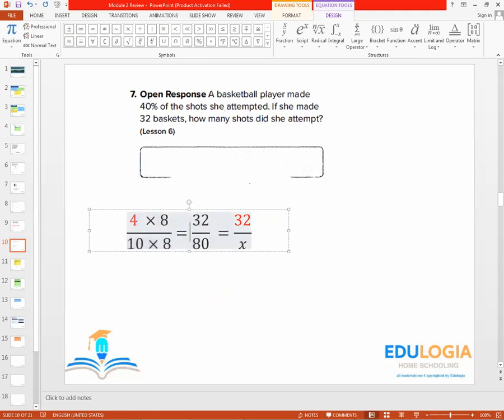So we reached here, 32 equals 32, so x equals 80. I'll write it here.